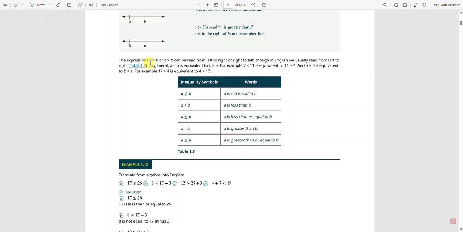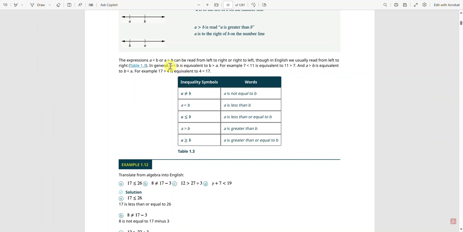The expressions A is less than B or A is greater than B can be read from left to right or from right to left, though in English we usually read from left to right. In general, A is less than B is equivalent to B is greater than A. So we can read these expressions in either direction.